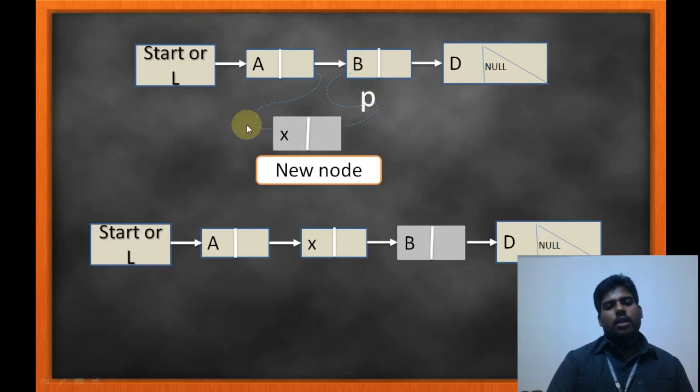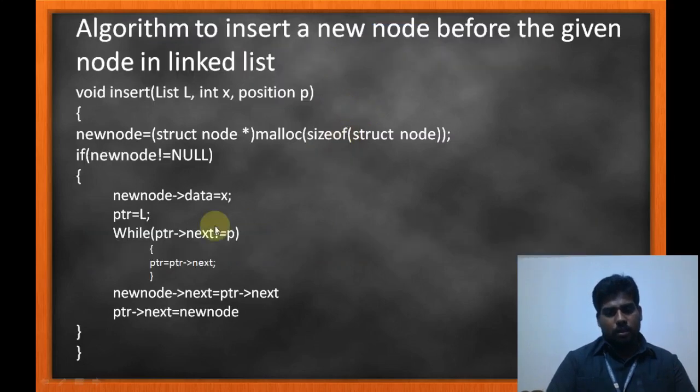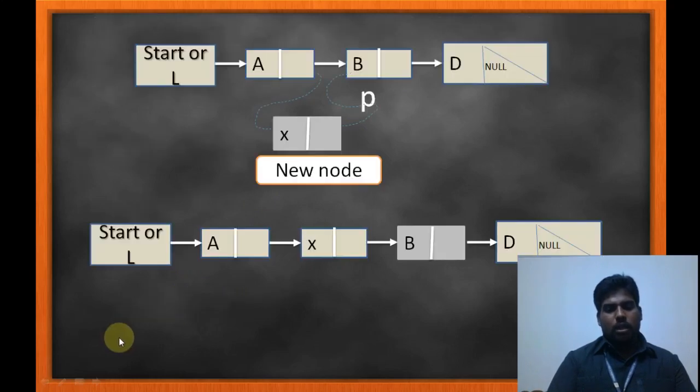Then this link will be created. First the new node got created, then ptr moves till it reaches before the position. Once it reaches, the condition will be false. At that time new node next equal to ptr's next. Then again ptr next equal to this new node, so that you are able to insert the element in the list.